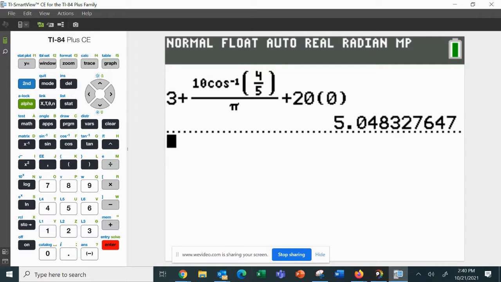If you have any problems, let me know so I can fix what you did on your calculator. Let's make sure we can all get the same answer.